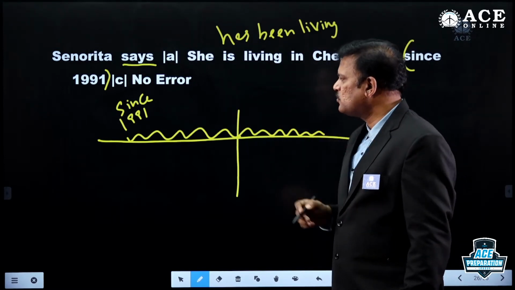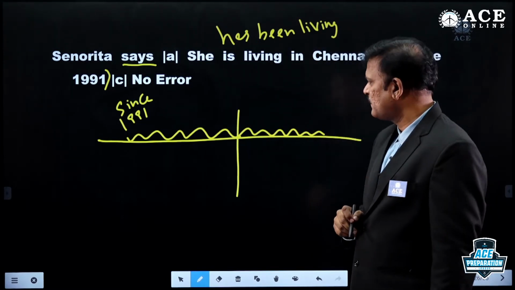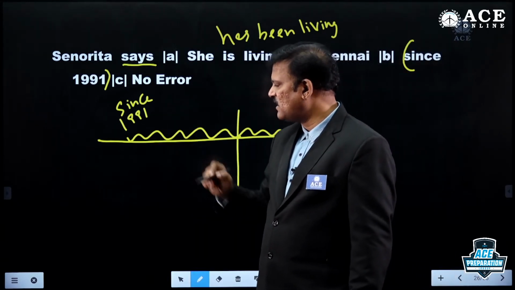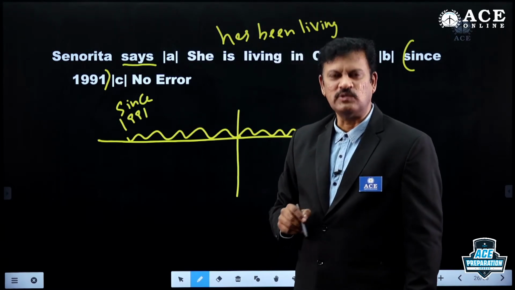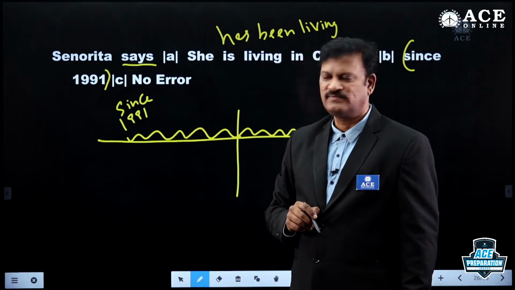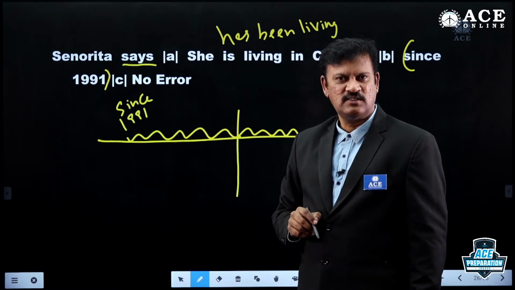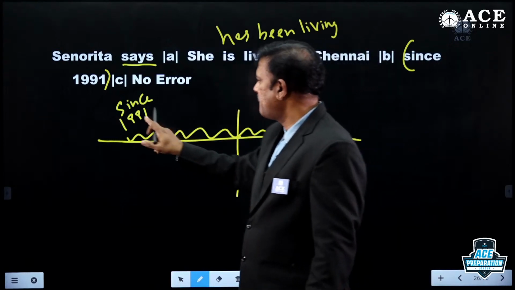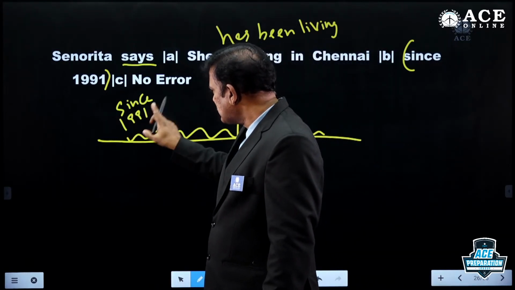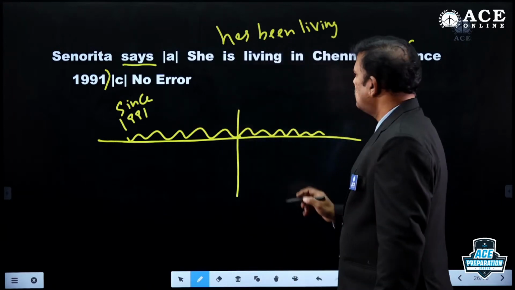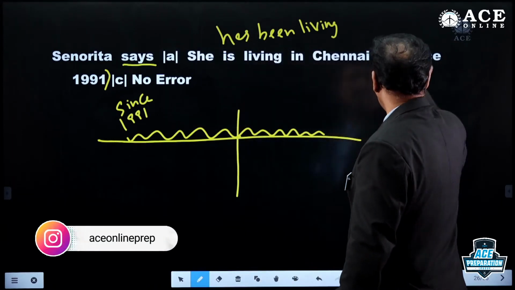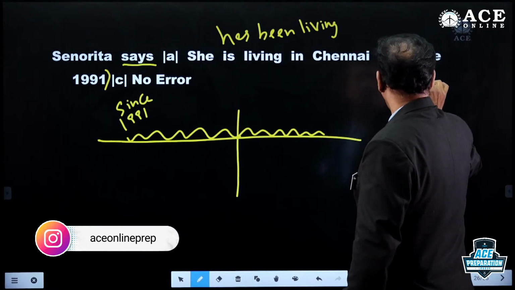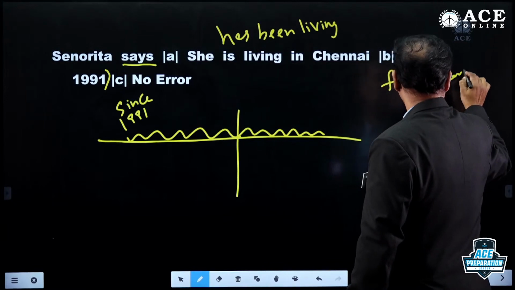Here I want to talk about the usage of since and for. Okay, now my mathematics is poor. You tell me as 1991 to 2022. How many years? 22 years? Okay, or 32 years. 91 to 2000, 32 years. Okay. Suppose, same situation, instead of since 1991, if I use for 32 years.